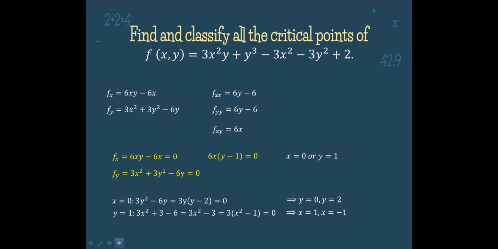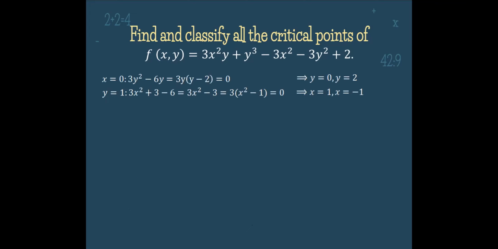Okay, so then we have the critical points for this particular example. Again, the critical points here: when x is equal to 0, we can have (0, 0) and (0, 2), since we have two possible values for y when we plug in x equal to 0.